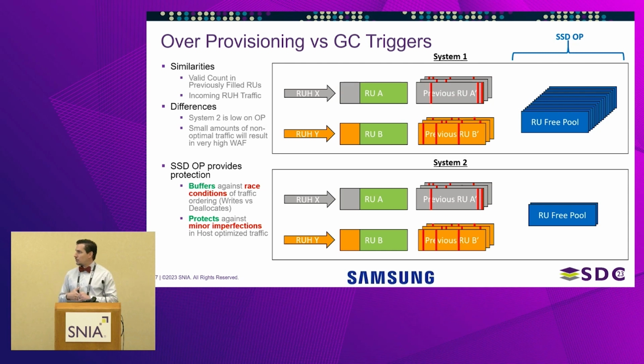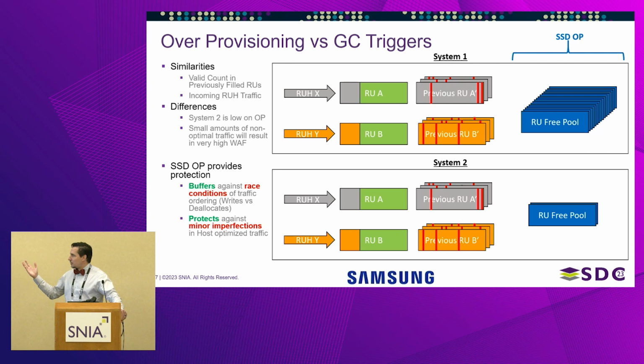The other thing, to give a visualization, I drew here 2 different systems, but we have different over-provisioning in the SSD. I wanted to show that, yes, there are a few invalids in both systems. I actually copied and pasted them down, and it's the same drawing. But you can tell that as you fill RUX and you're writing to RUX, it's going to go into the RU labeled A, and you're going to fill that, and then you're going to need another RU from the free pool.